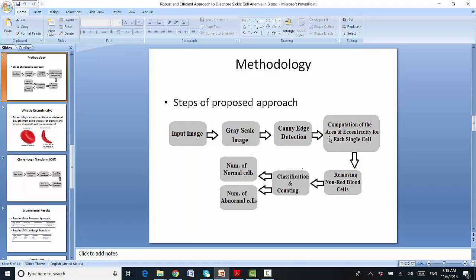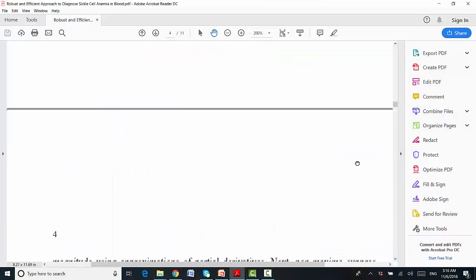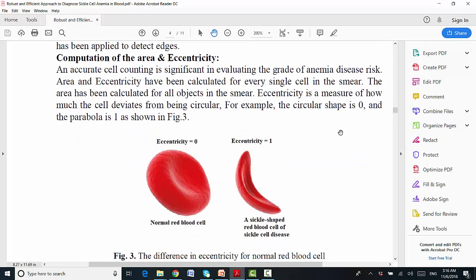The area is very well known, that's the area of each cell, but for the eccentricity, some people have no idea what it is. Calculating the eccentricity means that if the normal blood cell is in a circular shape, the eccentricity is 0 or approximately 0, like 0.1, 0.2.